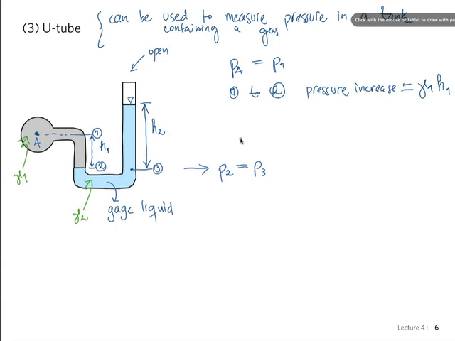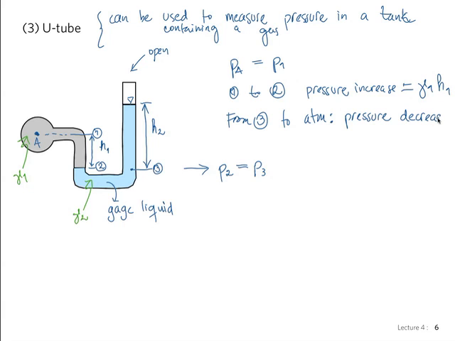We saw that 2 and 3 are the same fluid, same depth, same pressure. And so from 3 to atmosphere, now we're going upwards, so pressure decreases by gamma 2 H2.